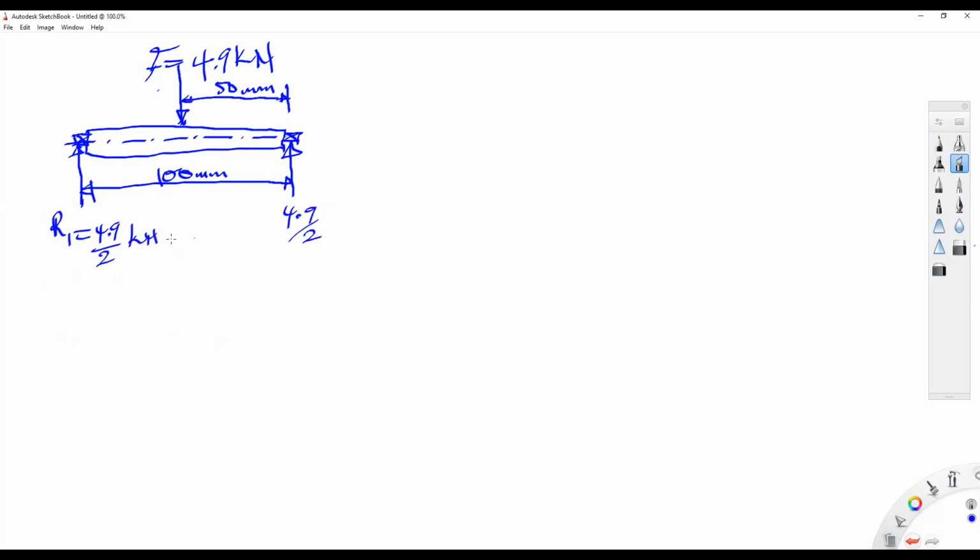What will be the value? 4.9 divided by 2 is what? 2.45. So we have 2.45 kilonewtons, and R2 will also be equal to 2.45 kilonewtons, because the load is acting in the middle, so the reactions will be shared equally.